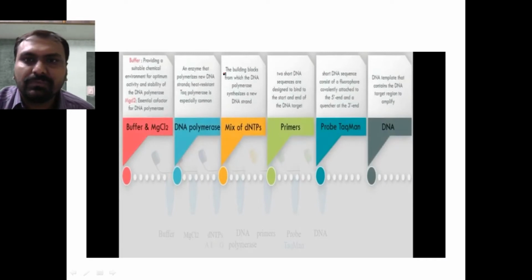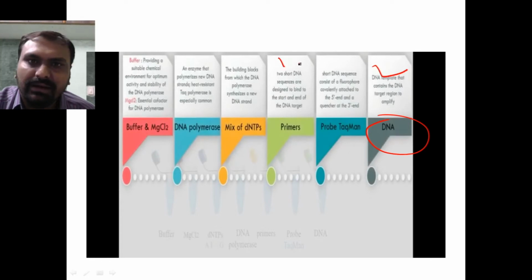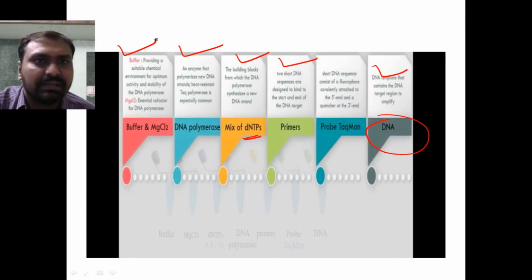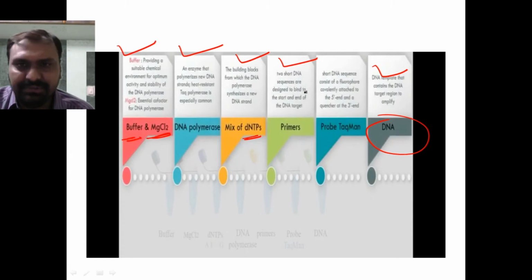Like normal PCR, it requires the DNA template, the primers, the building blocks that is deoxynucleotide triphosphates, the DNA polymerase, and the buffer with magnesium chloride, MgCl2. Same as in PCR.